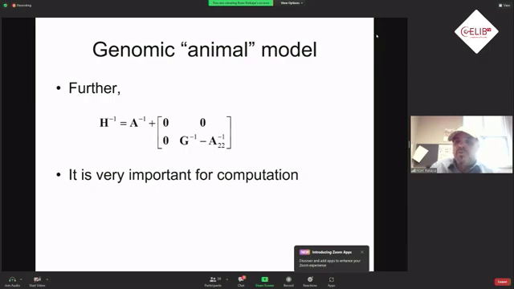So let me ask a question here. Why is it easy to have A-1, the inverse of the expected relationship matrix, for millions of animals without problem, and we cannot get the inverse of the observed relationship matrix G when we have a few thousand genotyped animals? Anybody know why?